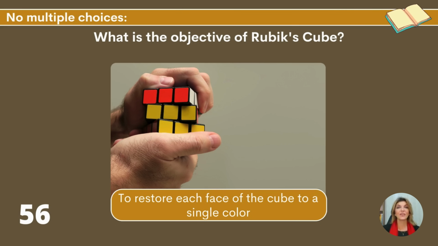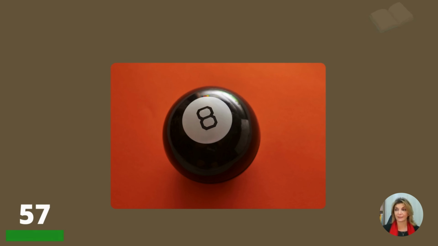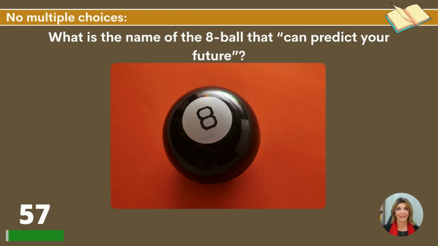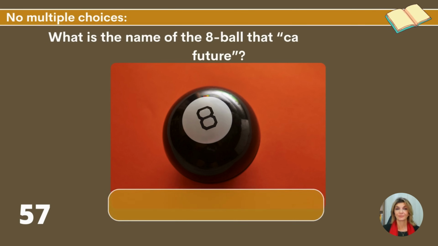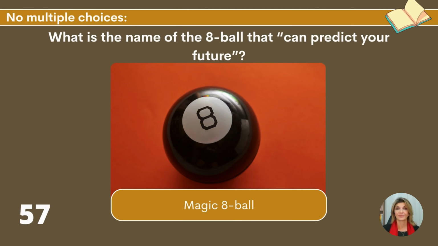To restore each face of the cube to a single color. No multiple choice here. What is the name of the 8-ball that can predict your future? Magic 8 Ball.